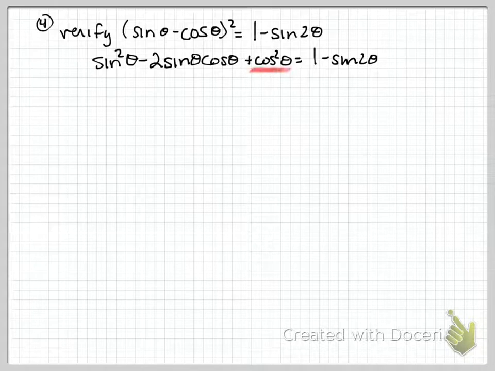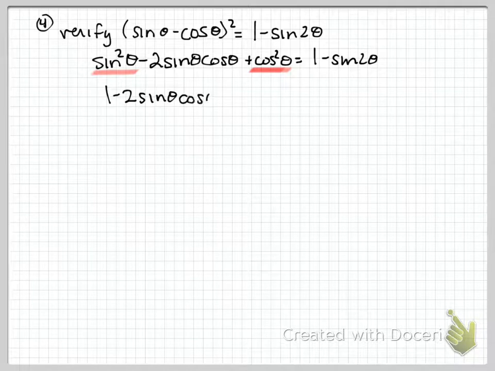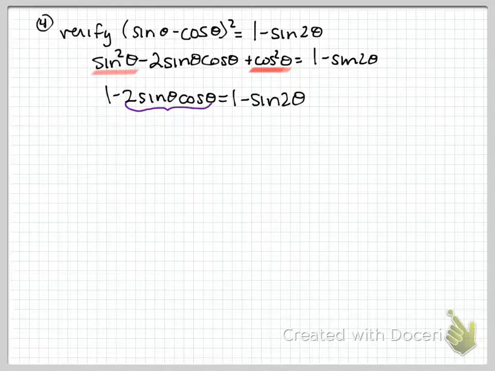So this cosine squared theta plus this sine squared theta equals 1. So now I have 1 minus 2 sine theta cosine theta equals, and I'm trying to get that again to equal 1 minus the sine of 2 theta. Well, if I look at this right here, it is my double angle formula for sine. So I'm just going to substitute that in.